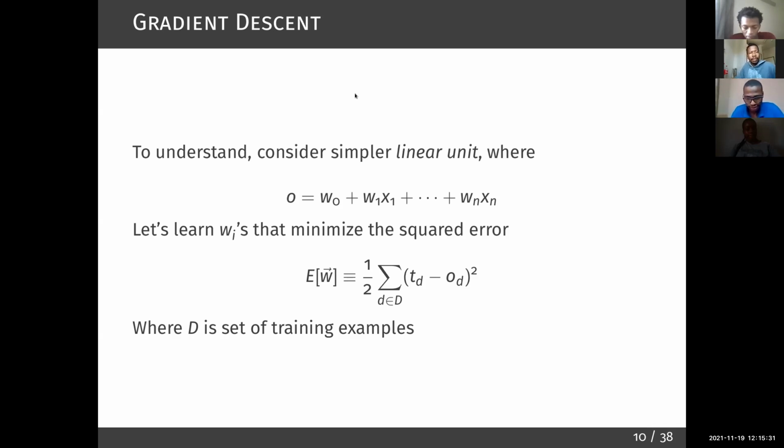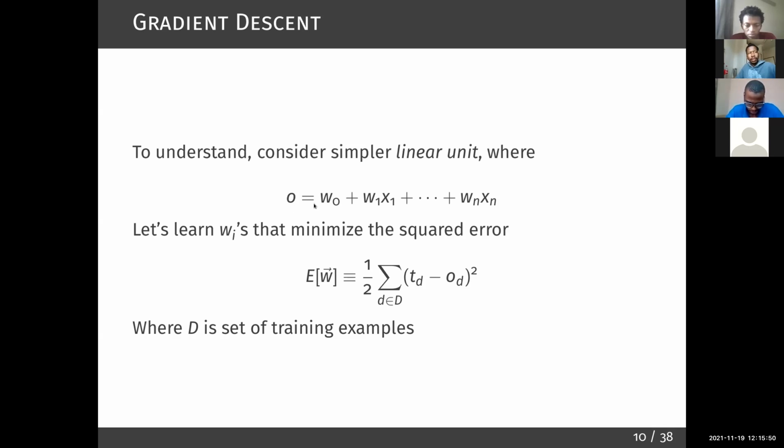So let's go back here. This was our function O, given inputs, W0 x0 where x0 is 1, W1 x1, up to Wn xn.